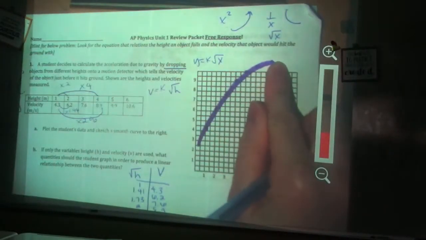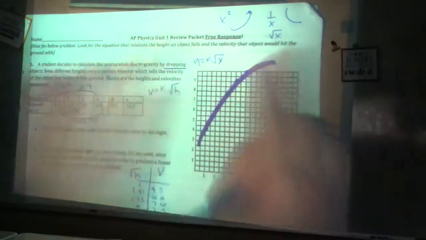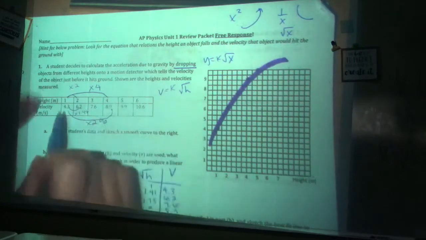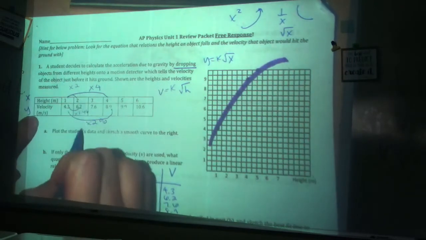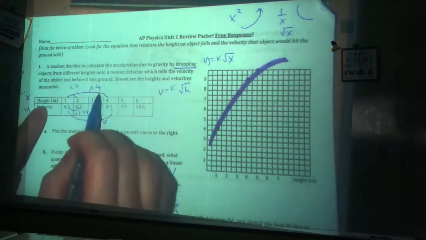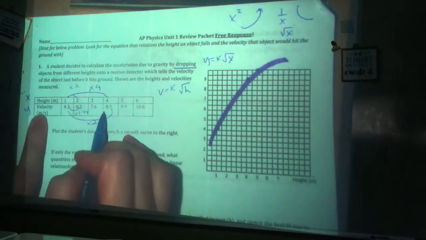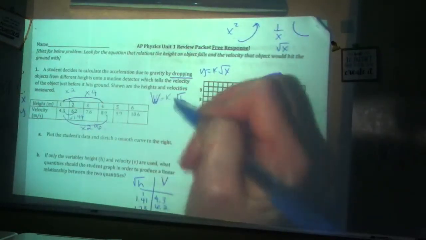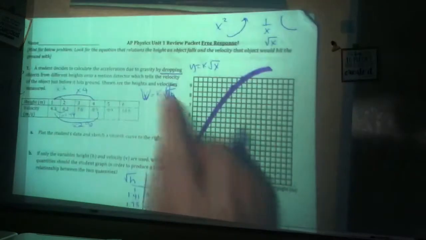So to go through what we did again, we looked at the graph and we said, okay, that's a square root curve, and we double checked it by looking, yeah, the velocity does what the height does, but square rooted. So when the height was times 4, this one was only actually times 2. So v is equal to some constant square root of h, and then I plotted v and square root of h, and I drew my best fit line, and then the slope is my k.